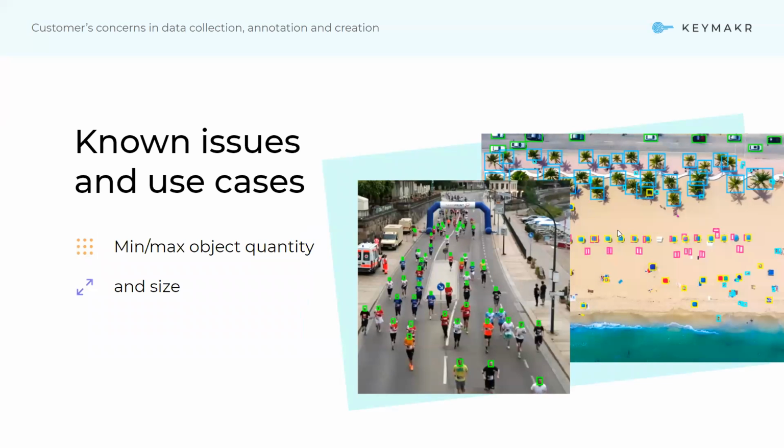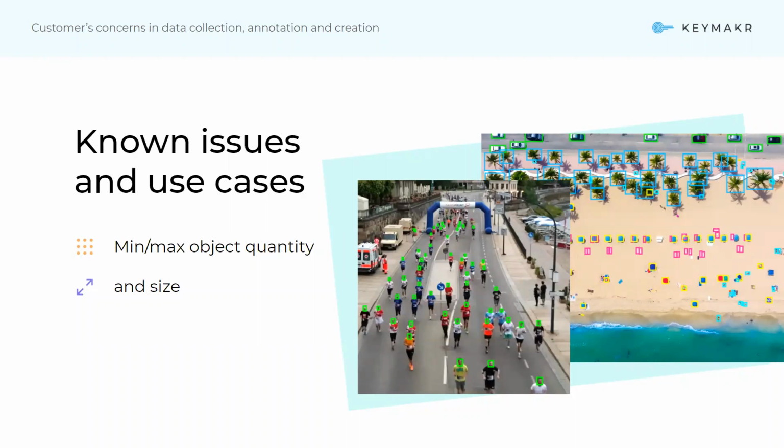So here, I wanted to show you, let's say a customer would like to annotate people running, right? But he or she didn't specify how big or how small the object needs to be to be annotated. So basically, what is the minimum and maximum size of an object? If it's 10 by 10 pixels, or if it's 30 by 30, or if it has to be distinguished by a human eye.